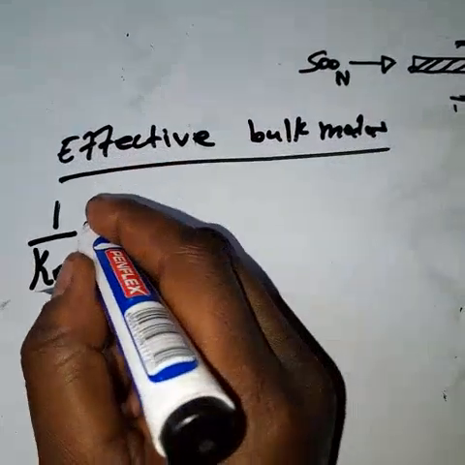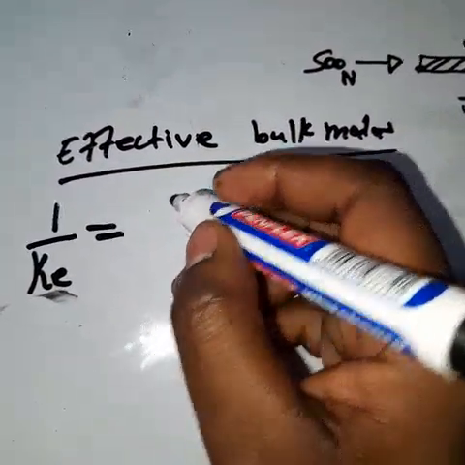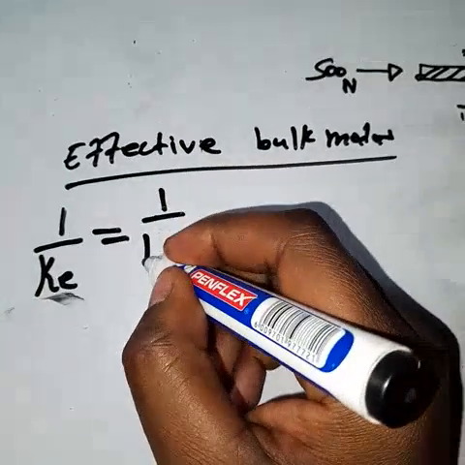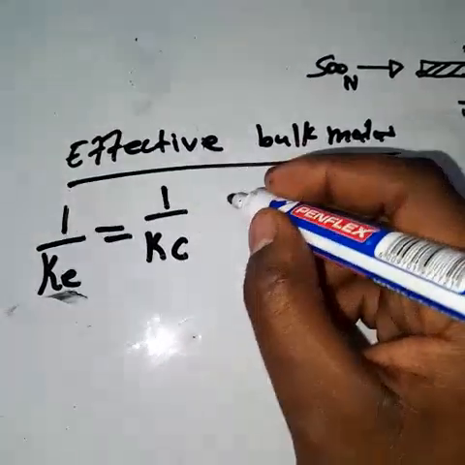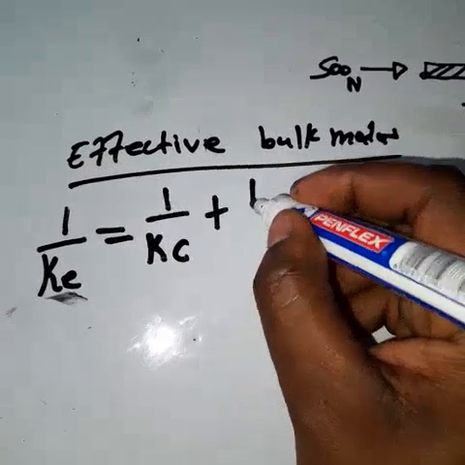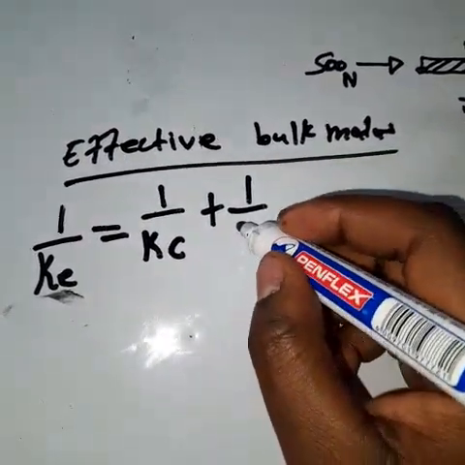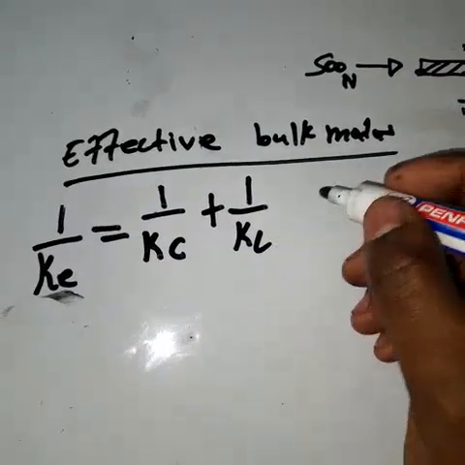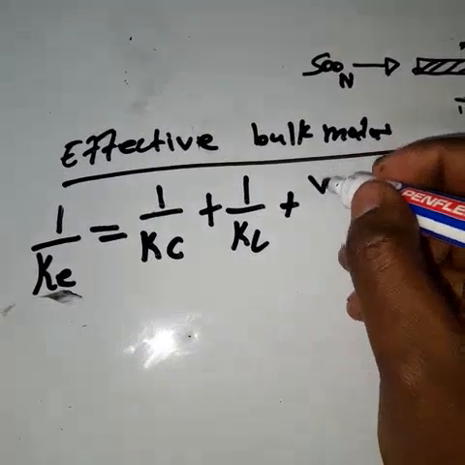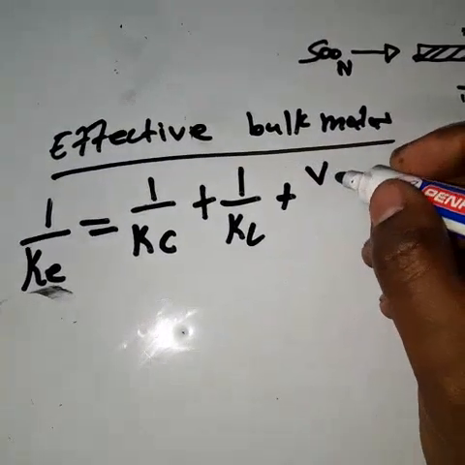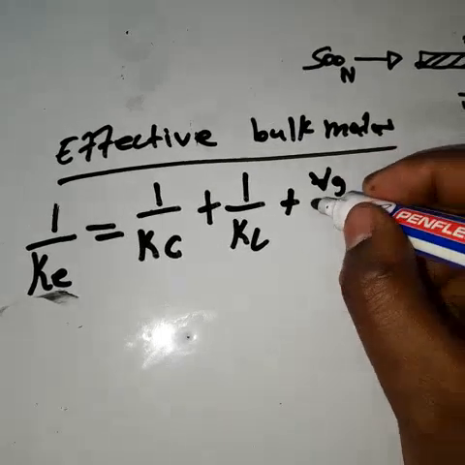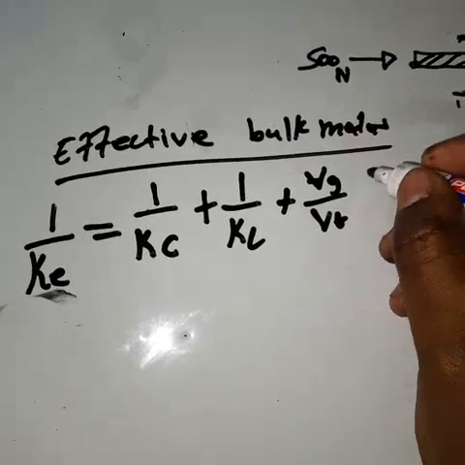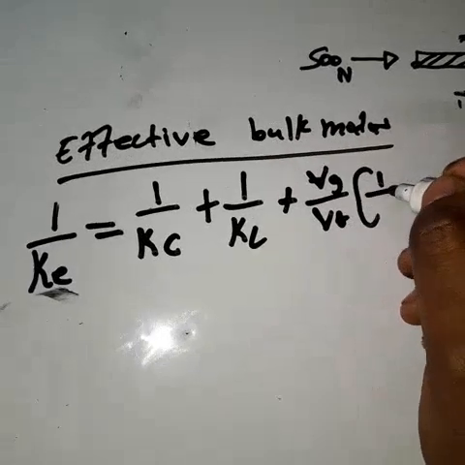Then its formula is equal to 1 over K_C plus 1 over K_L, plus V gas over V total into 1 over K_G.